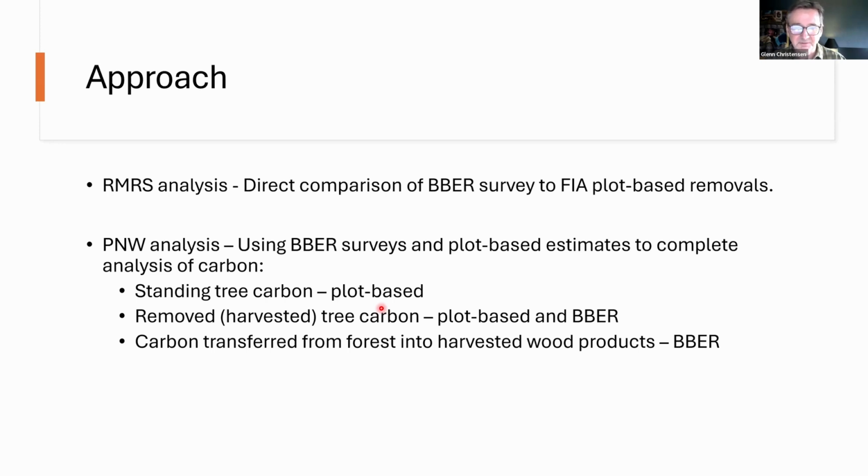Then we use removals from both the plot-based removals and BBER's removals to talk about carbon in harvested trees. And then, using the work that's been compiled from the surveys by University of Montana, we look at carbon in harvested wood products. So we go from the standing tree all the way to the final product.